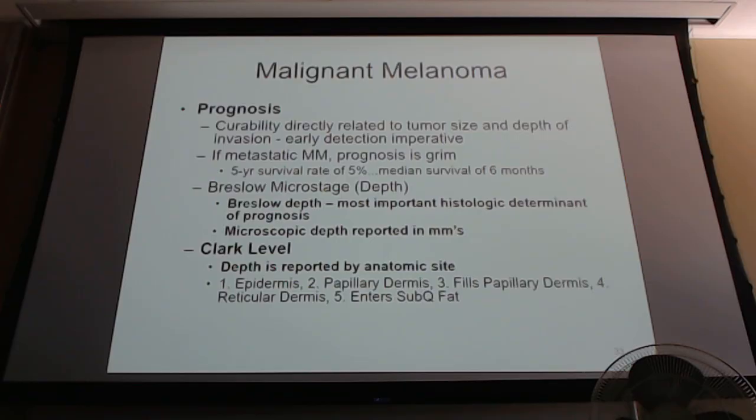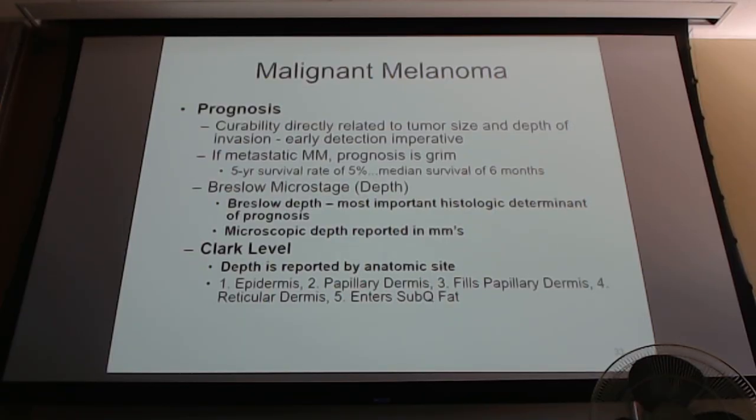And we're going to talk about that more once we get to the end, okay? Curability is directly related to tumor size and depth of the invasion, okay? So how far does it go? And again, once we get into the specific components of melanoma, we will be talking about if it's a radial growth or if it's a vertical growth, okay?